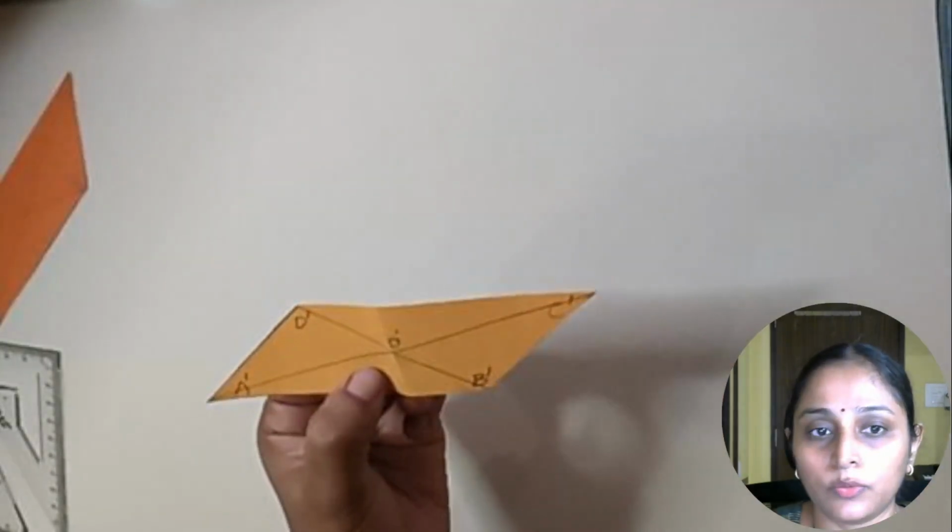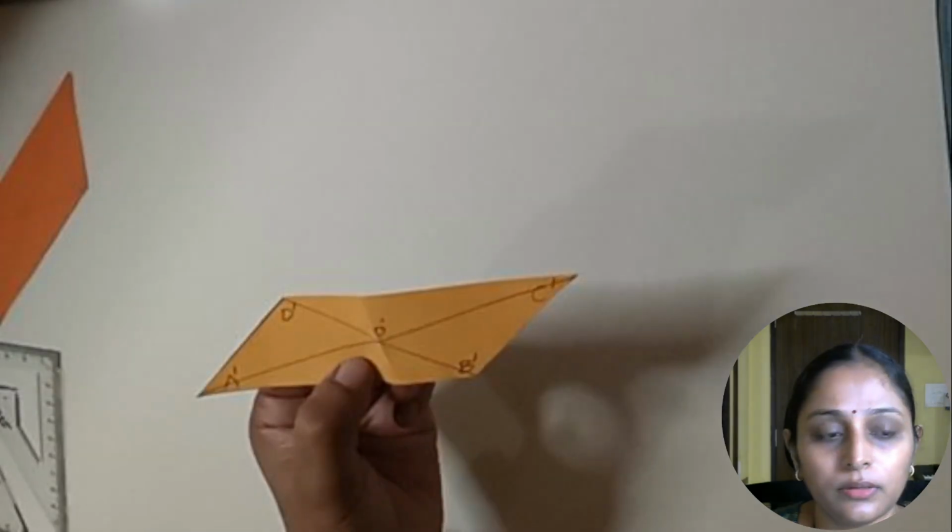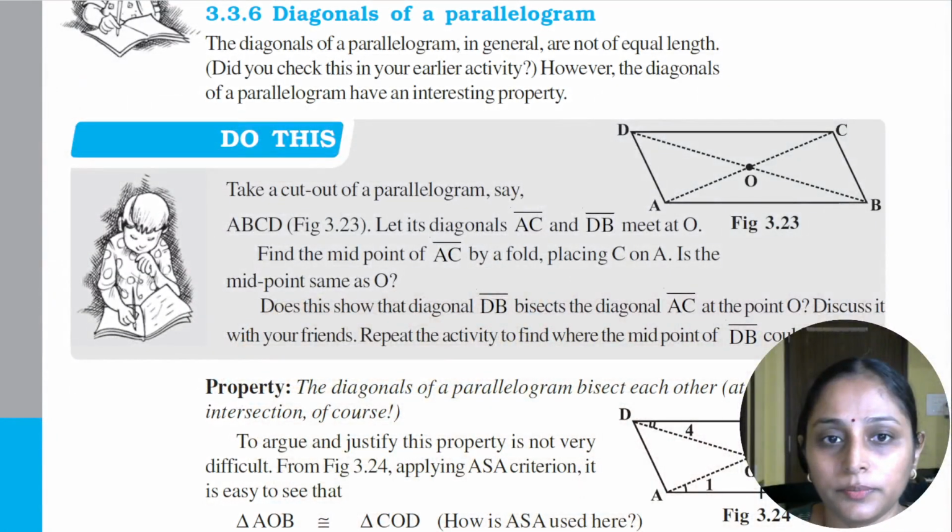Let me read it out once. Take a cutout of a parallelogram ABCD and draw the diagonals. They will intersect at O. Find the midpoint by a fold. What they mean by this is what we have done just now, and you will get the midpoint.